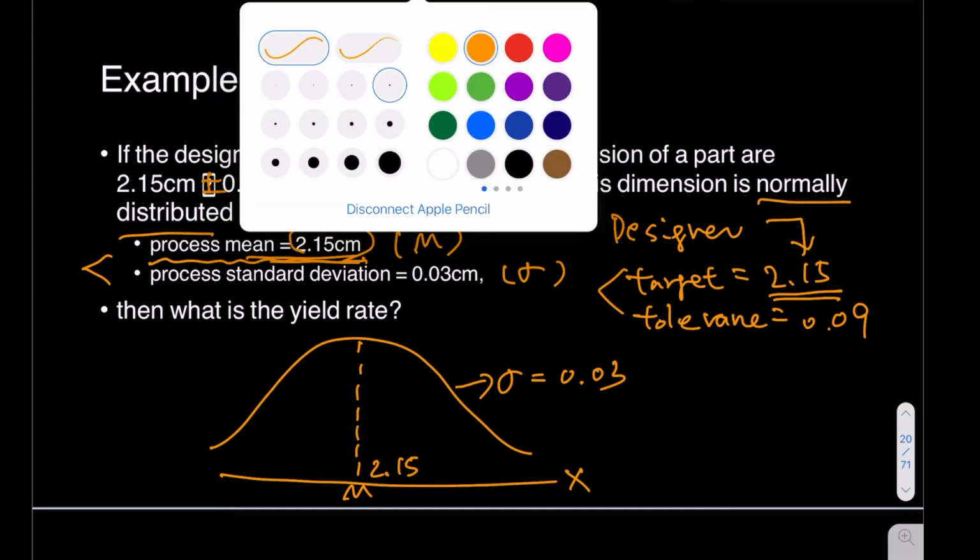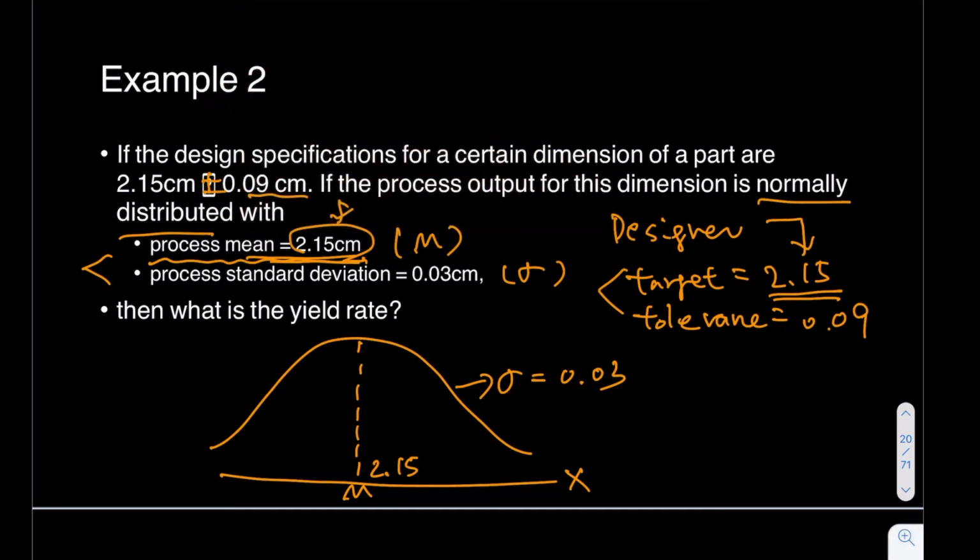And then we want to compare this actual output with the designer's specification. The designer says, here is the center line, and that's matched with the designer's target value. That's a good sign. And the designer allows a tolerance, given as 0.09.